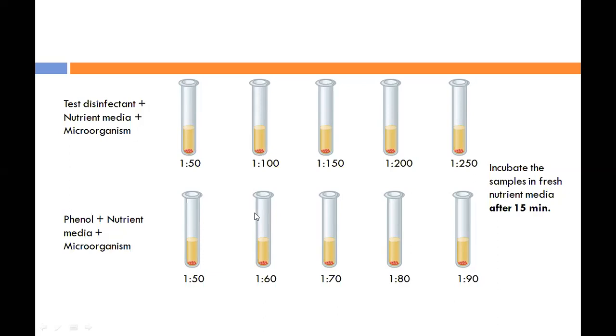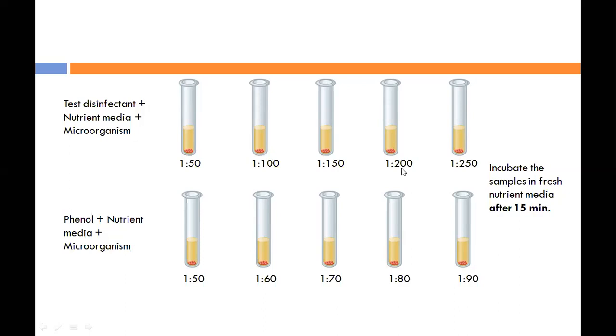If you go on further, the concentration is going to decrease, so growth will go on increasing. Again, the time period will have its effect as well. If you let these tubes run for 5 minutes, maybe these lower concentrations won't be able to kill the organisms in 5 minutes.